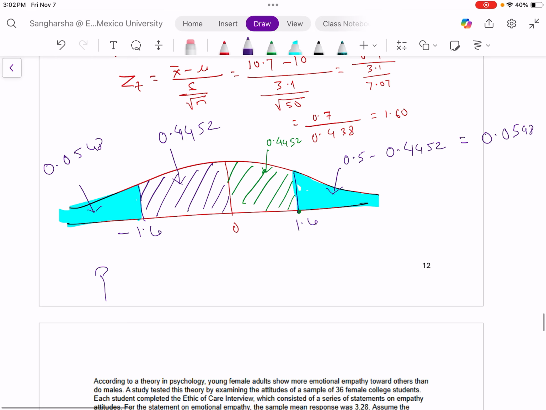So the p-value would be the sum of these two areas, that is 2 times 0.0548, which is 0.1096.